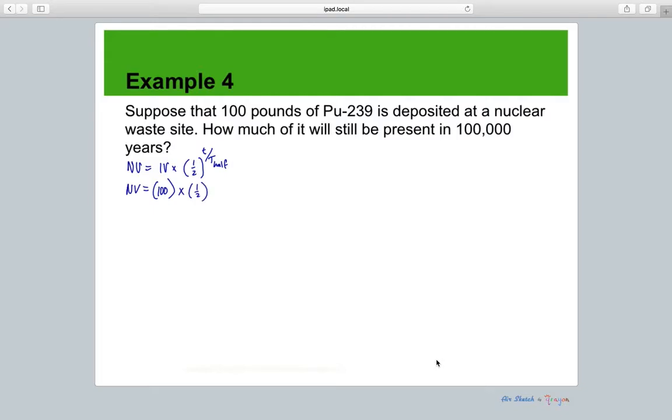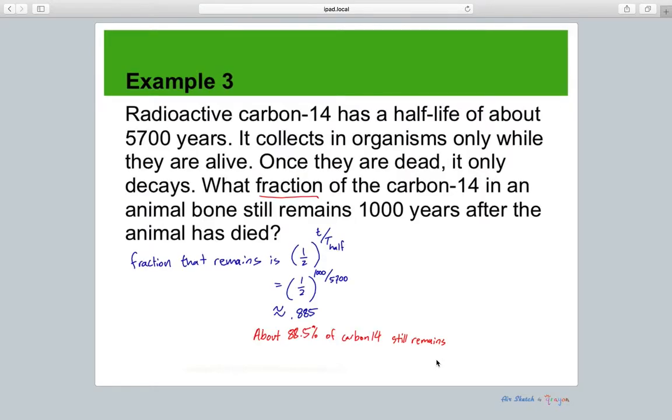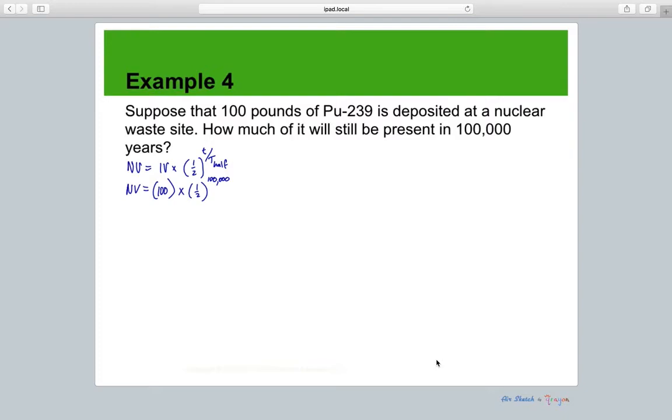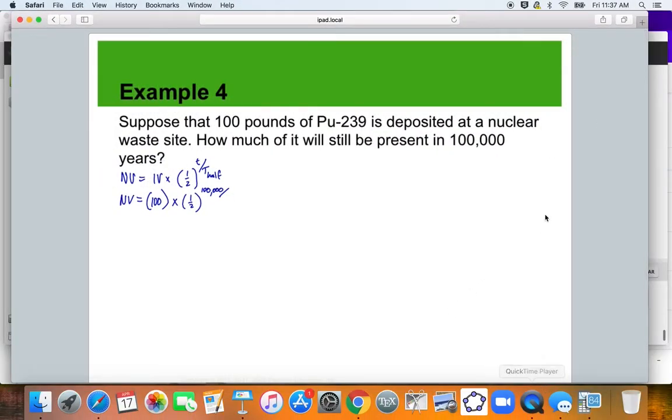times half, 100,000. And we need the half-life of this radioactive material, which I should have provided you with. So give me a second and I will look it up for us.